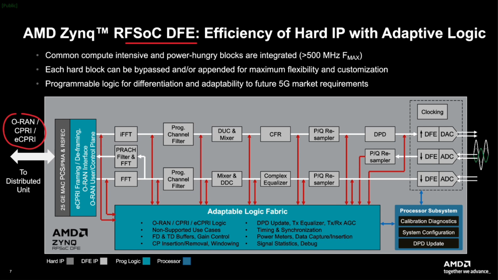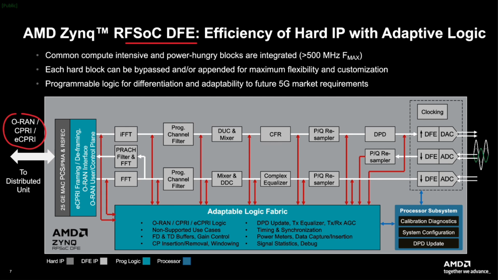But you can see these light gray blocks are the actual hard IP, and they're set up so that they can go through the data path. But in reality, at any point within the system, you can go from the adaptable logic into the hard IP or out again. So you can add your own IP, a very flexible configuration.